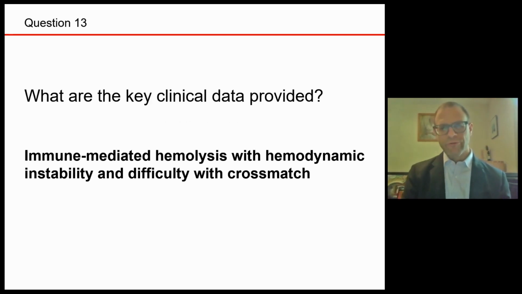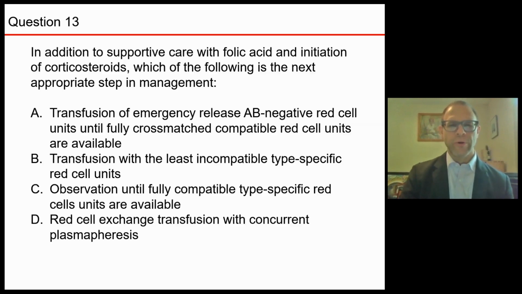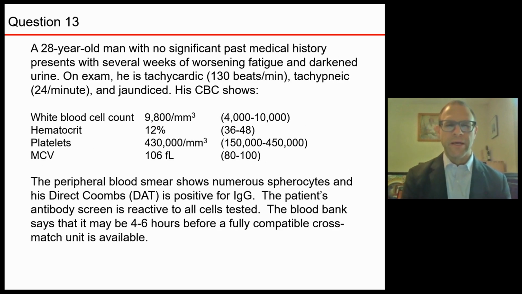So several key features here. One, we have a positive Coombs, the confirmatory test for autoimmune hemolytic anemia. The Coombs was IgG positive, which is more consistent with a warm autoimmune hemolytic anemia. And just going back to the data, we see profound anemia.